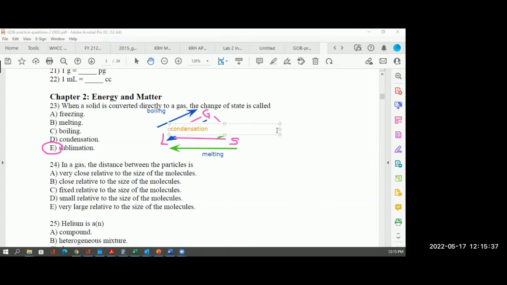And then if I'm going from a gas to a solid, that's called deposition.